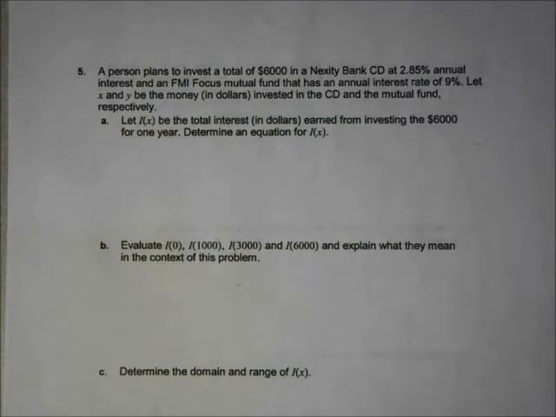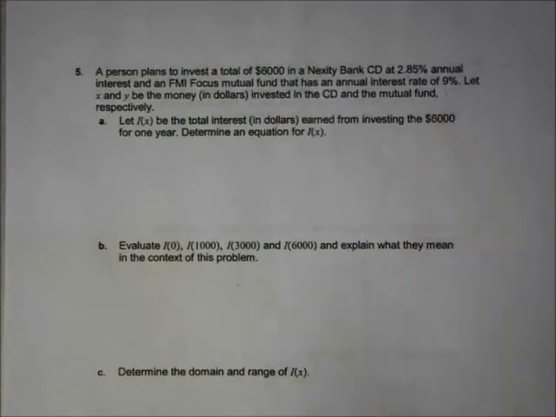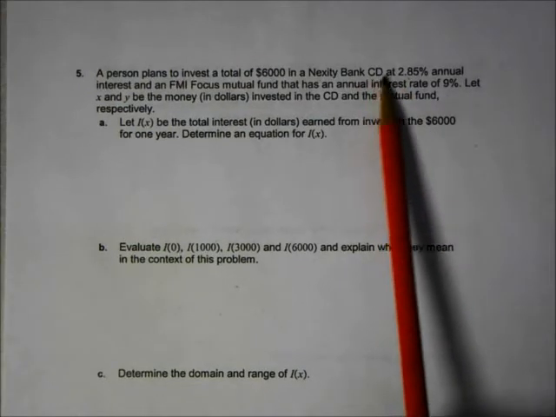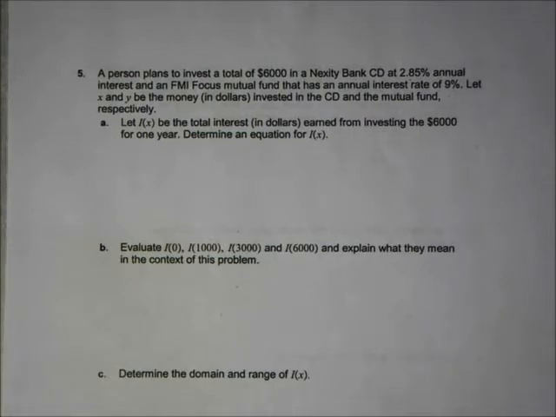Now a lot of times students will ask me, if I have a choice and I can invest some money at 2.85% and some money at 9%, why wouldn't I just put all the money at 9%? And my answer is, there's different deals here. Usually CDs you can buy short term. So you might buy a 30-day CD or a 3-month CD or a 9-month CD, which means that in 30 days or 60 days or however long you bought it, you can get your money back.